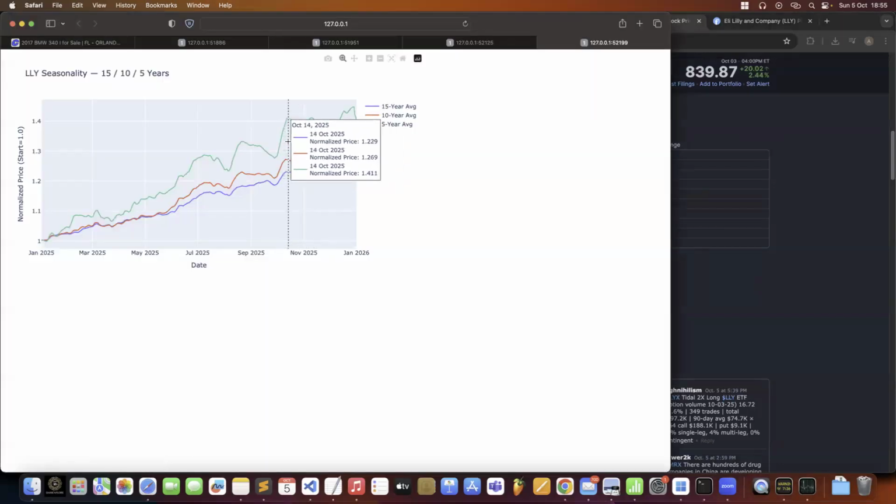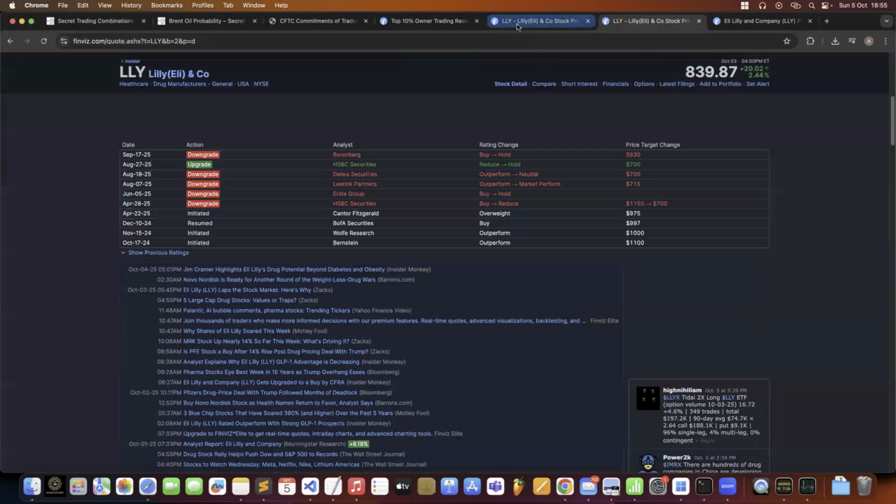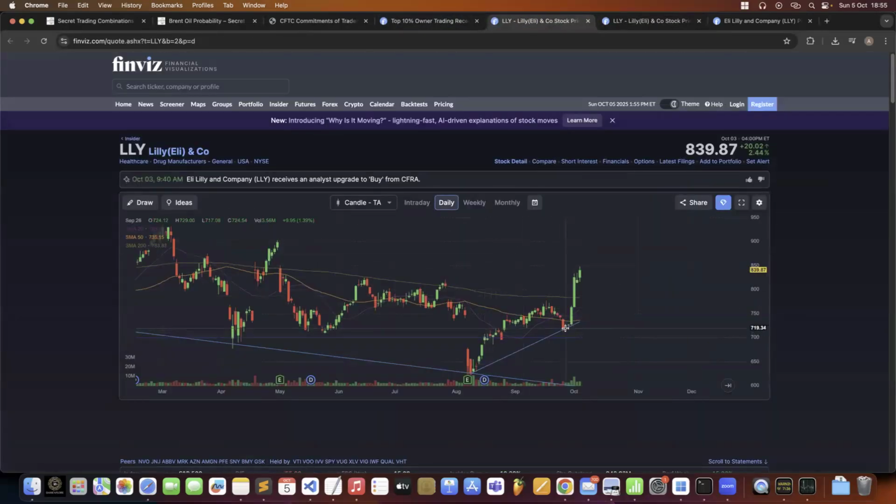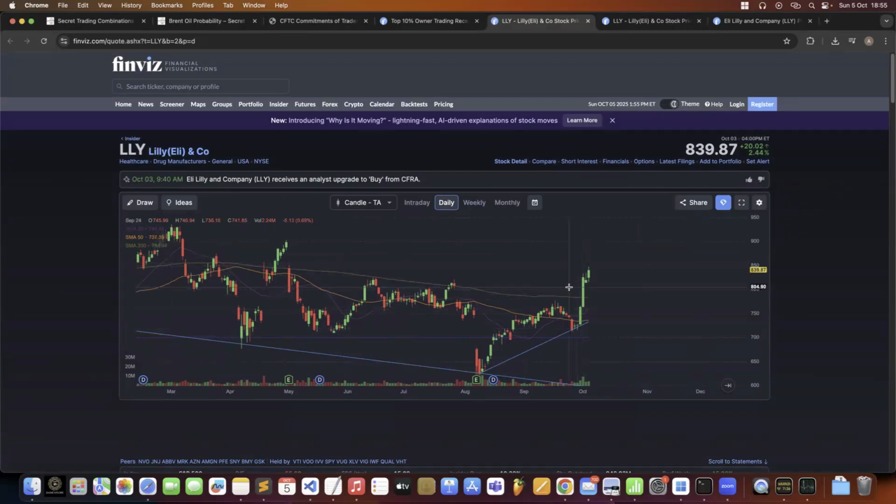If you see some negative around the 11th, 12th, 13th right here in their news, then you know that this asset is about to fall. And you can see looking at the chart, this guy's been going up for a while now. So what you want to do is wait for it to keep going.